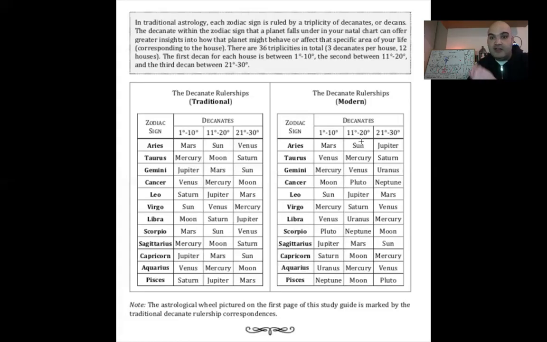So the second decan of Aries will be ruled by Sun and correspond with the energy of Leo. And then the third decan of Aries will correspond with Jupiter and the sign of Sagittarius. So this links up with the elements, and with the order of the planets' orbits through the zodiac. But like I said, I've done a video on that already in the past lesson.